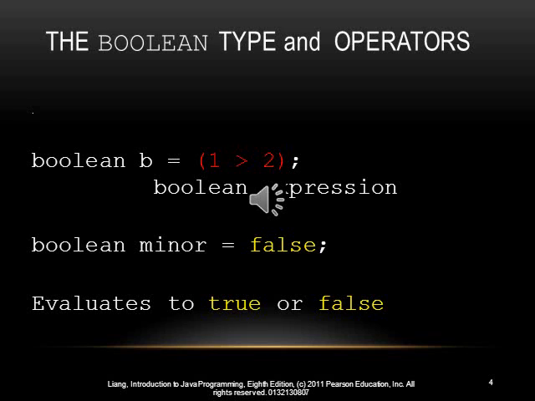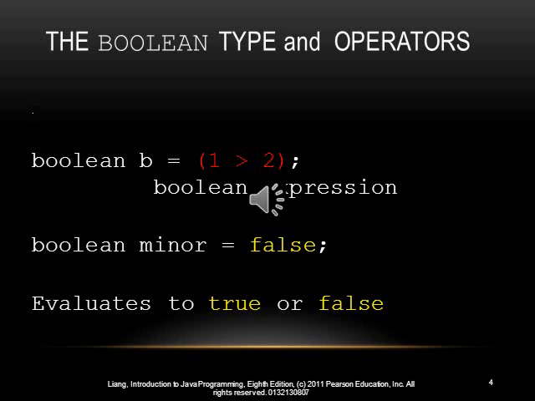Oftentimes we want to understand the relationship between 2 items, 2 variables. Is one greater than the other? Is one equal to the other? Etc. In order to do that, we need a mechanism to create what is termed a Boolean expression.